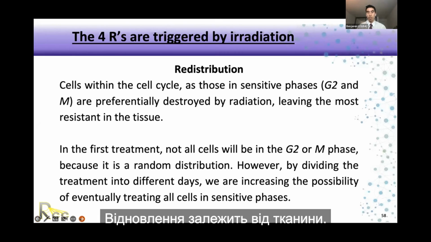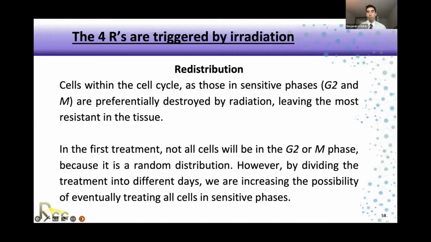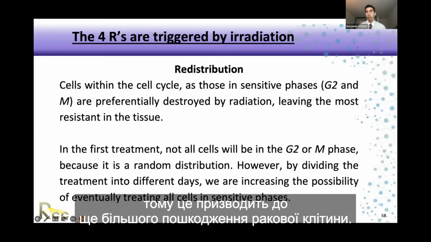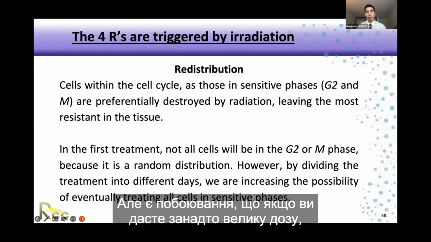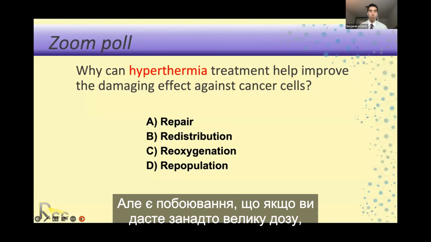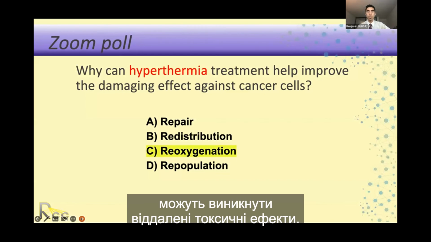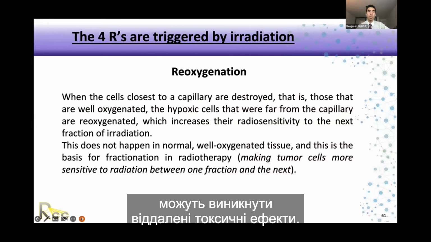Repair depends on the tissue. Cancer cells tend to not be good at repair, so that's why it ends up leading to more damage in the cancer cell. But there is a concern that if you give too much dose, maybe the normal tissue has a hard chance of repairing too, and so maybe there will be late-term toxicities.